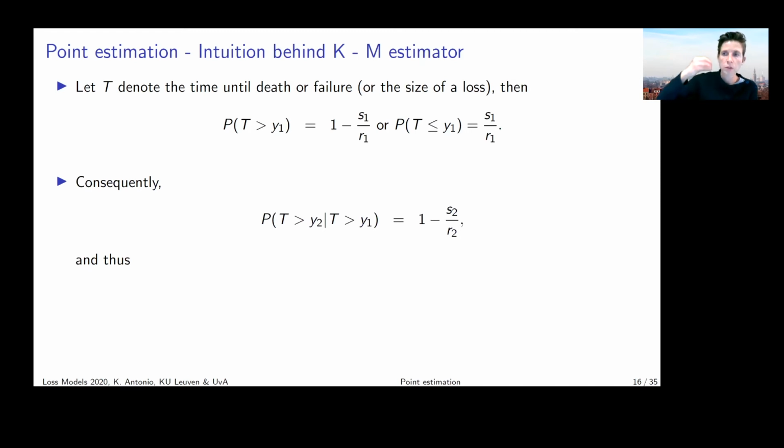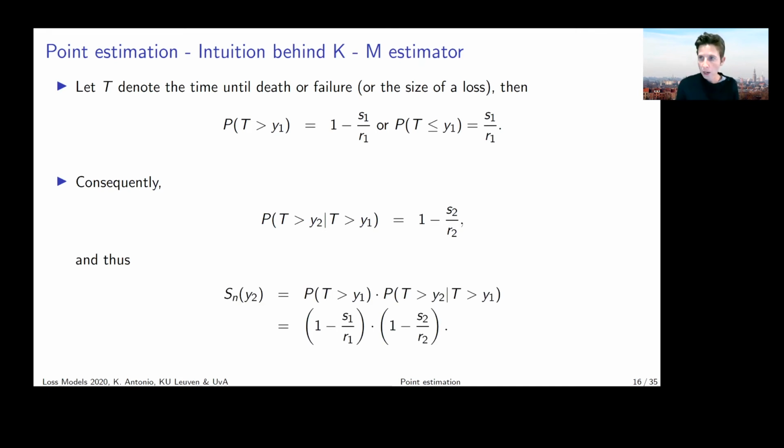So the probability that T goes beyond Y2, given that T already went beyond Y1, is 1 minus S2 divided by R2. But this conditional probability is not what my survival function is picturing. What my survival function should picture at Y2 is the survival probability at Y2.